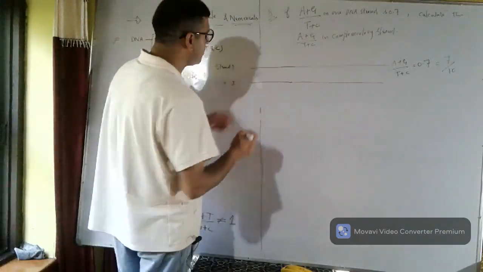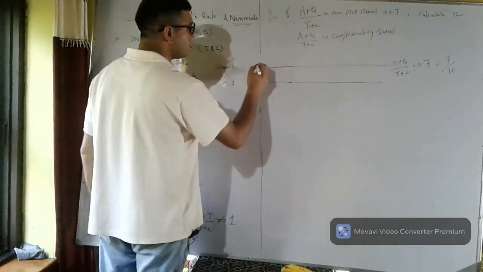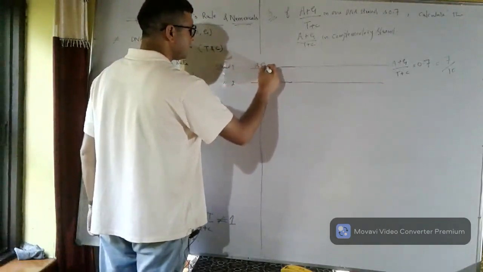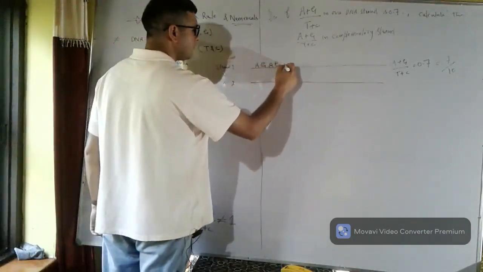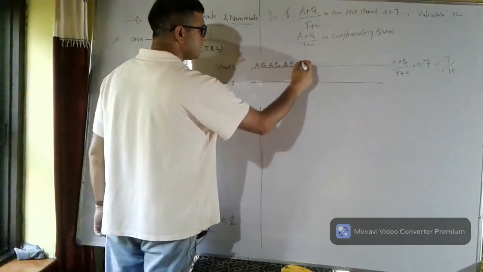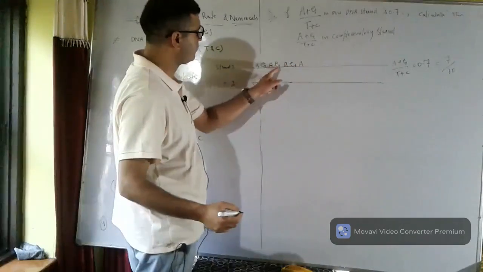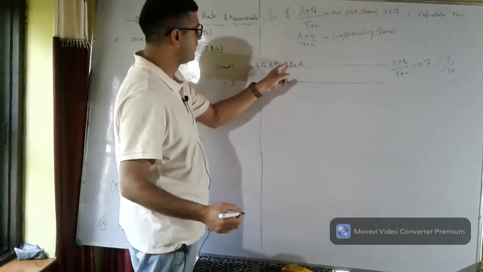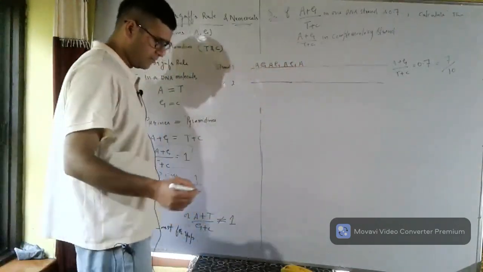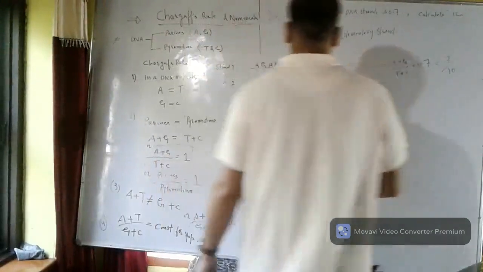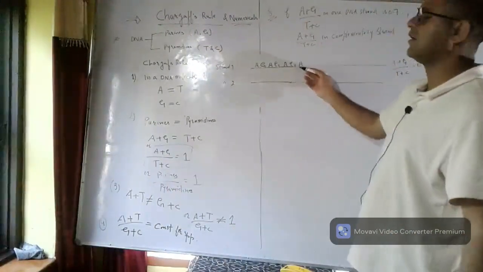How many adenine and guanine are there? Adenine and guanine are 7.